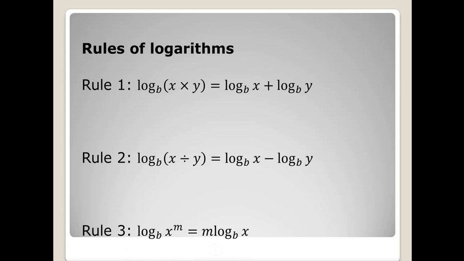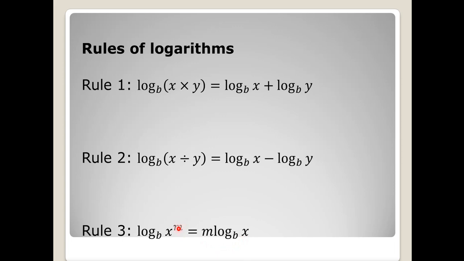The third rule here is if we have log x index m to base b, so we are going to calculate the logarithm of a number raised to an index m. So this is equivalent to m multiplied by log x to base b.